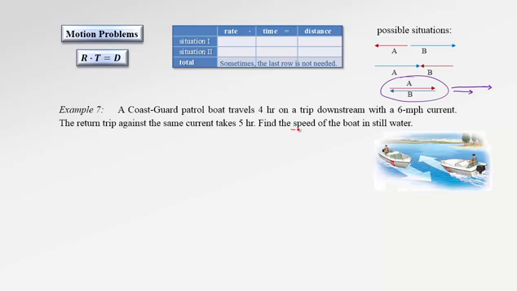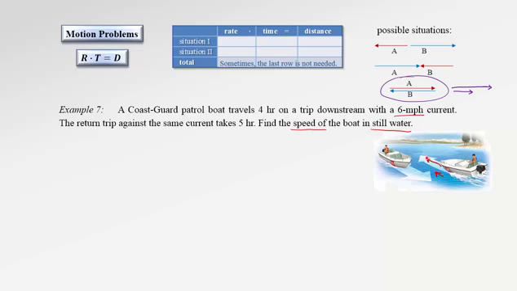Since we need to find the speed of the boat in still water, and we also have the 6 miles per hour current, it's a good idea to draw the overall speed. Let's say on this diagram, the downstream be this way, and this arrow represents the 6 miles per hour current.